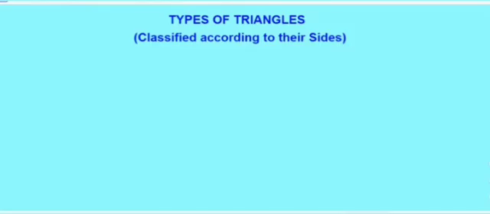Good. Next, types of triangles classified according to their sides. Okay. Let us look at this triangle ABC. Okay. Now I am taking the measurement of each side.